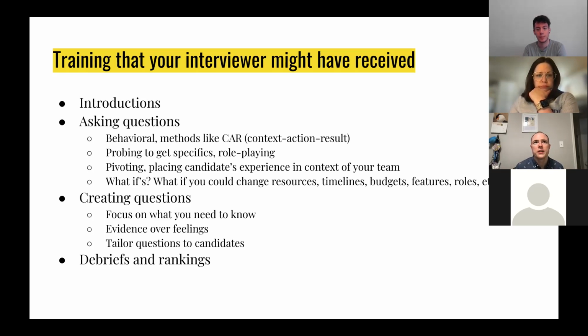One thing that I appreciated about this approach was that they constantly encouraged the interviewer to pivot, because sometimes people get nervous during interviews. Sometimes the questions are weird or ambiguous, and they might start rambling off in a different direction that you're not particularly interested in.